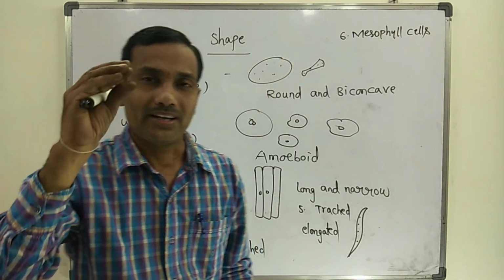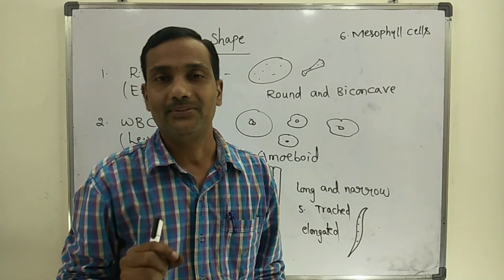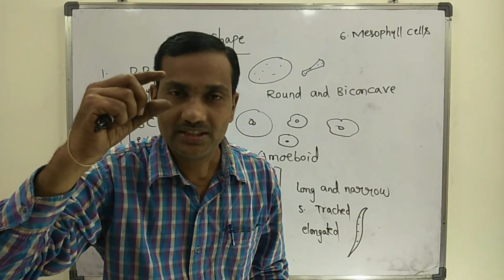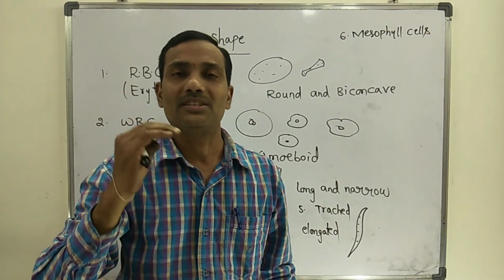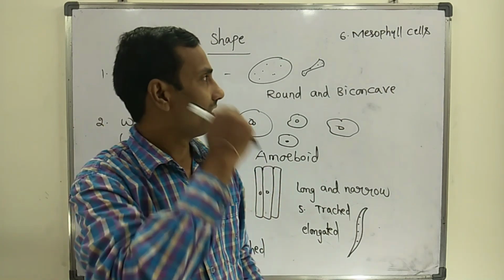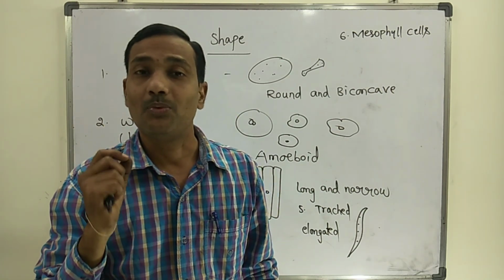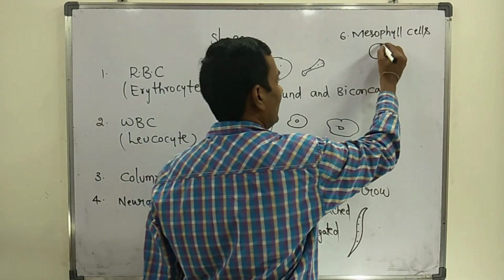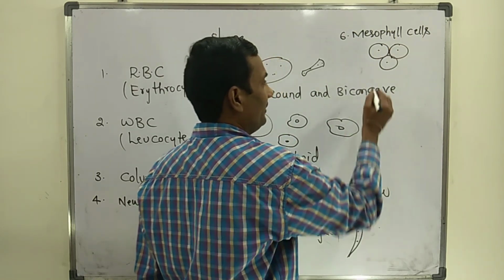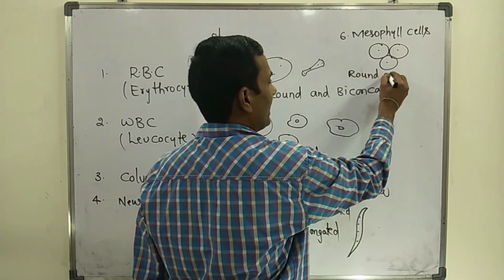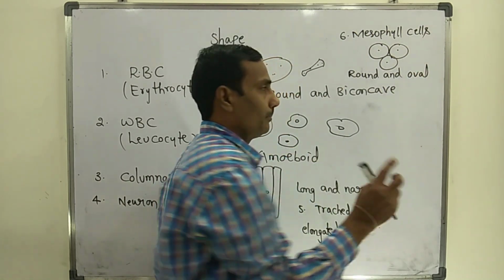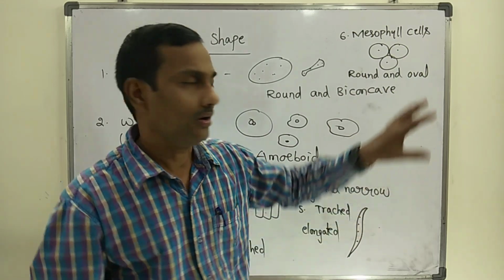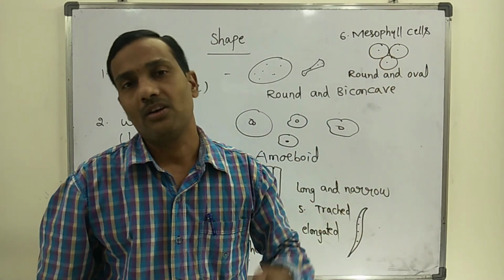Mesophyll is the tissue found in the leaf, whether dicot or monocot leaf, present between the upper epidermis and the lower epidermis of the leaf. Especially the spongy parenchyma mesophyll tissue is living tissue, round and oval in shape. All mesophyll cells found in the leaf appear round or oval in shape.